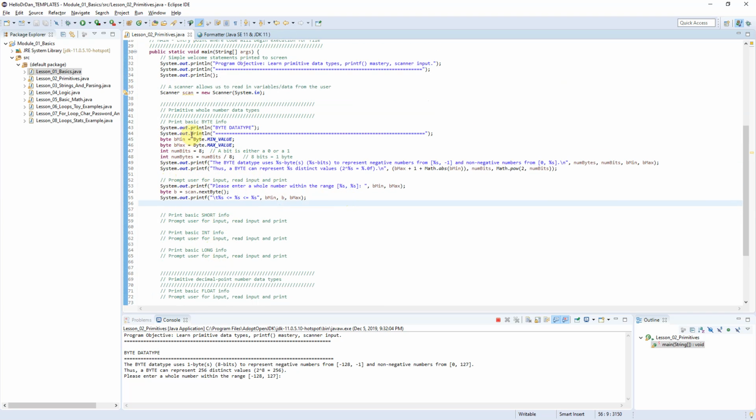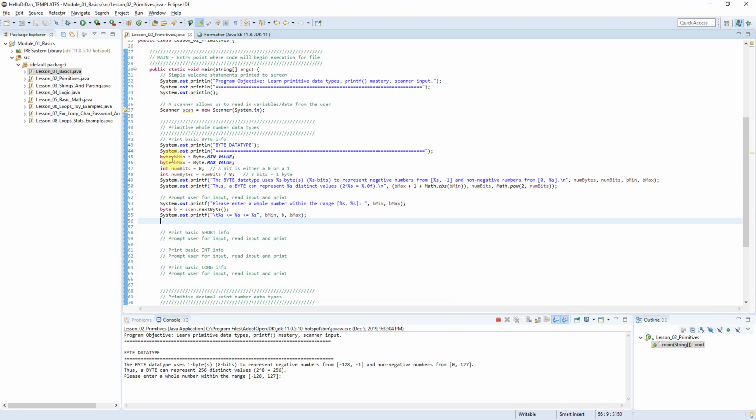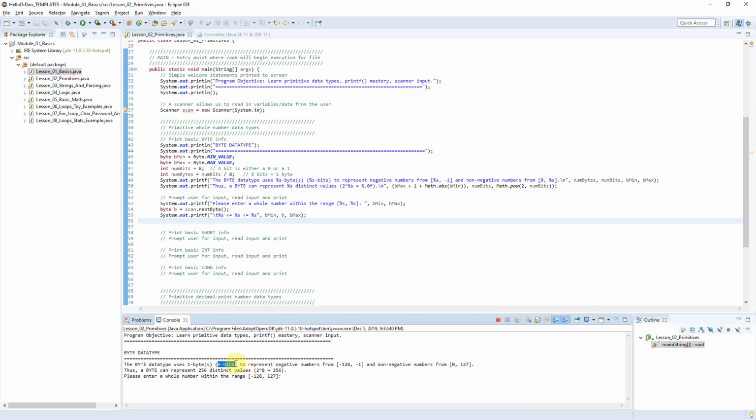Just to review this little subsection, what did we do? We talked about the byte data type, and the byte data type is represented with 8 bits. 8 bits is equal to 1 byte, hence the name byte. And with those 8 bits, we can represent 256 distinct values, because 2 to the 8 is equal to 256.